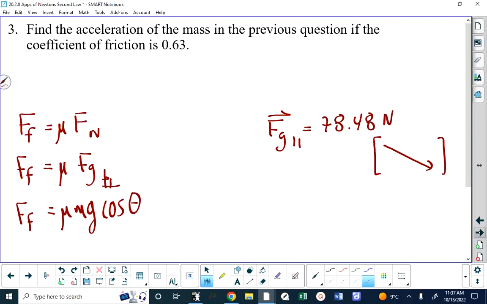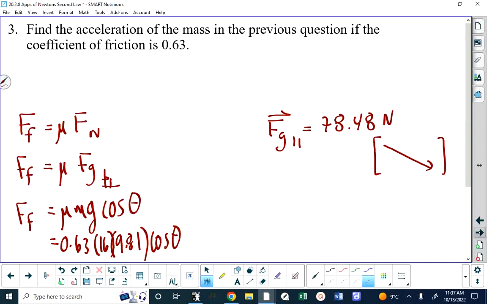Let's find the force of friction. This is going to be mu 0.63 this time, times the 16 times the 9.81 multiplied by cos of theta.